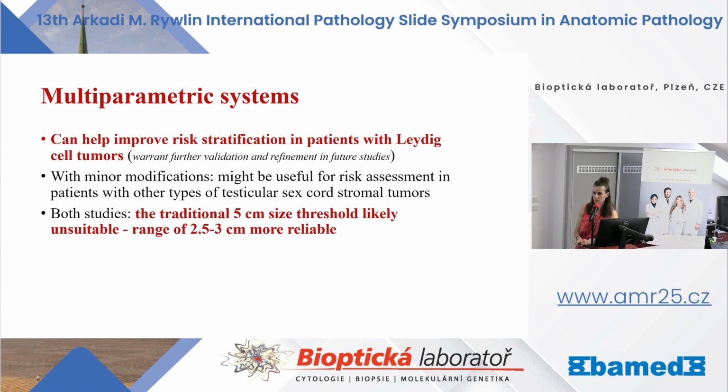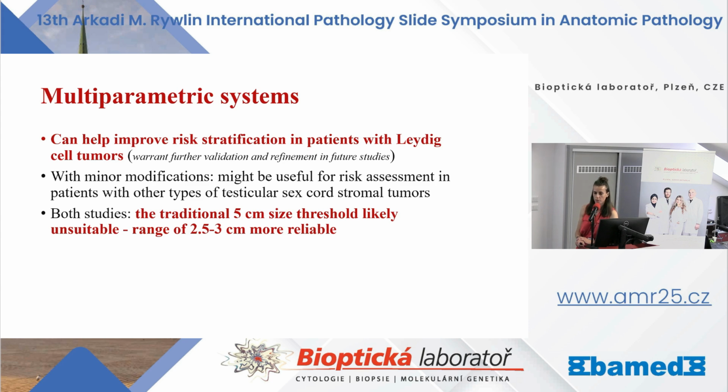But taken together, both these multiparametric systems can help to improve risk stratification in patients with Leydig cell tumors when we compare it to the traditional system counting only histological features. And also with minor modifications, this system can be used not only for Leydig cell tumors but also in other testicular sex cord-stromal tumors.